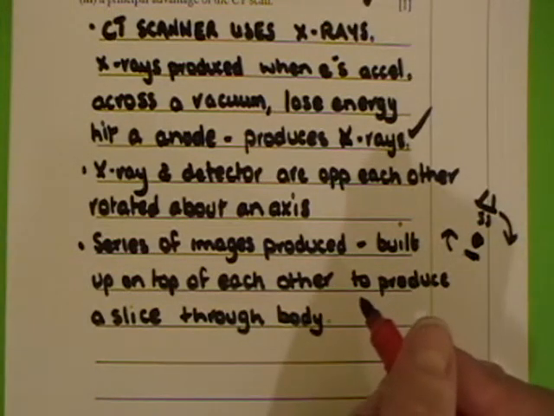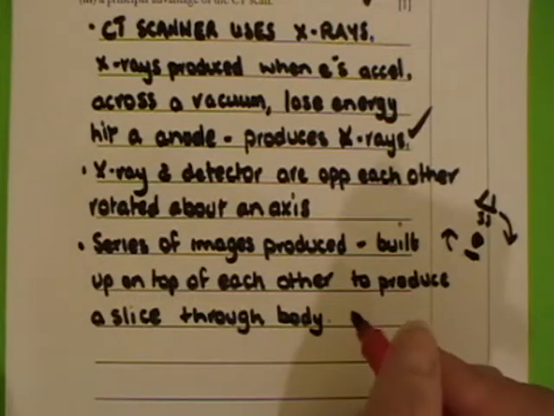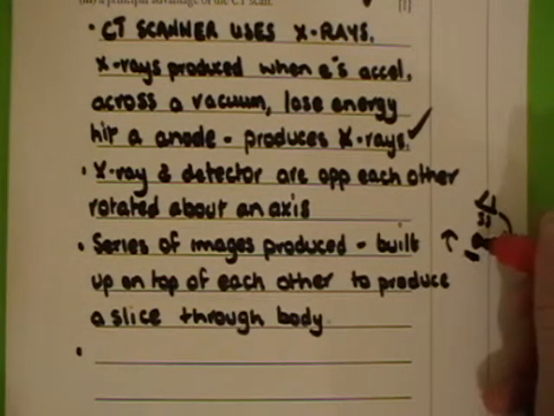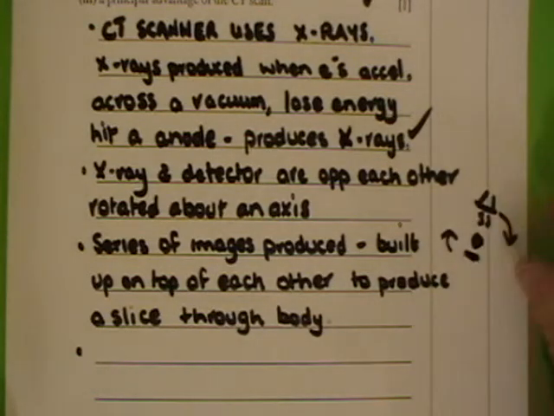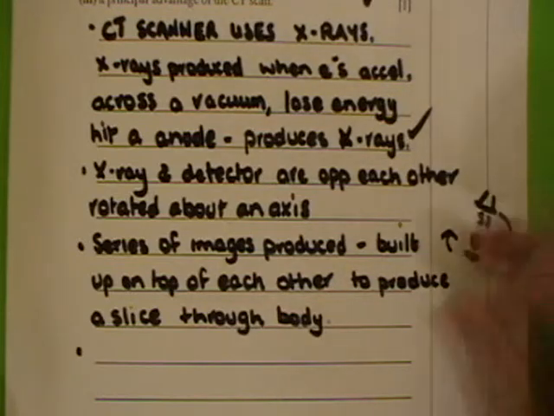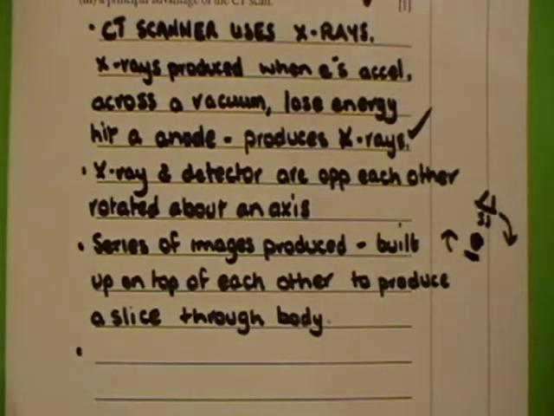Okay, so then if you have, say this is part of your stomach, what they do is then they move the whole system down the way, if that's you know, part of your abdomen. They move down or up depending on what they need to see.